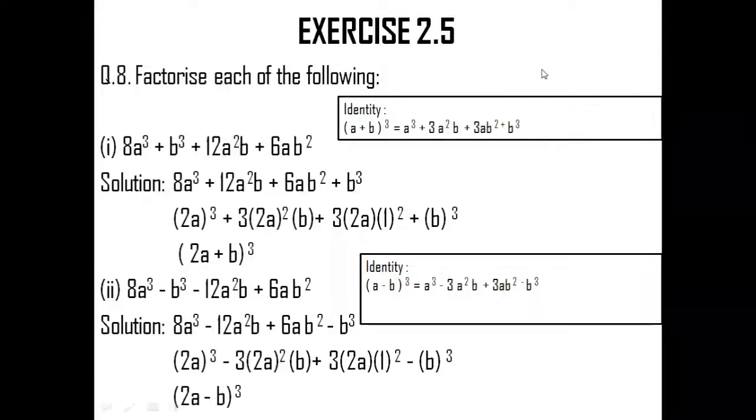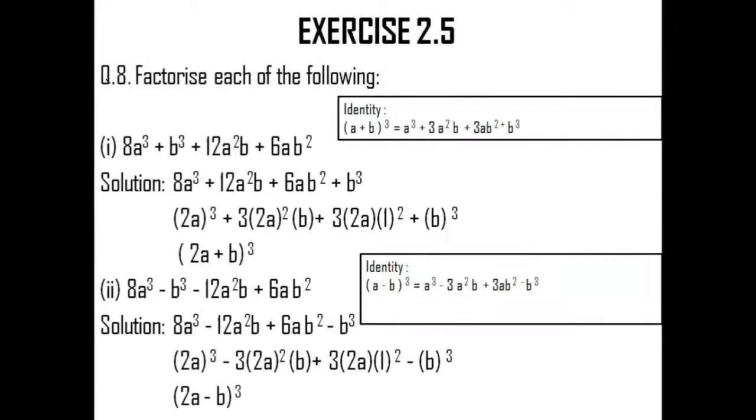Yes, it resembles the identity a plus b the whole cube, which should give the answer as a cube plus 3a square b plus 3ab square plus b cube. So let me check whether it actually resembles the identity or not. How shall I do that? Try to verify whether it actually belongs to the same identity or not.